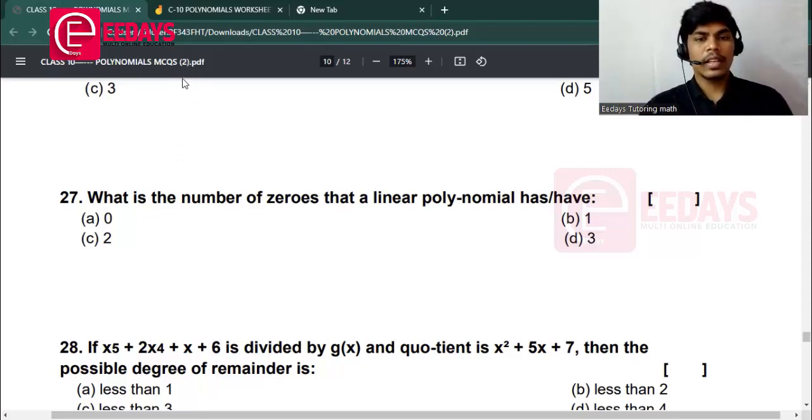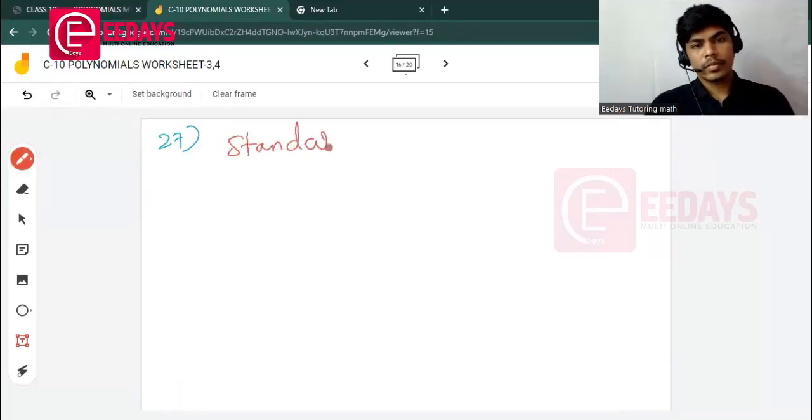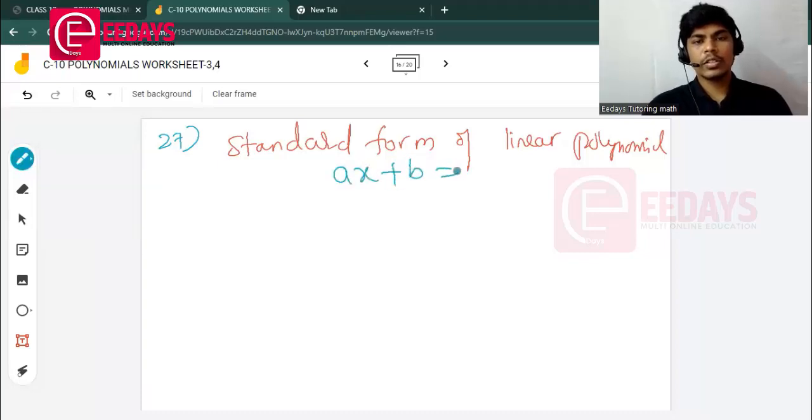Let us see the linear polynomial general form. Standard form of linear polynomial. What is the standard form of linear polynomial? So ax plus b is equal to 0.